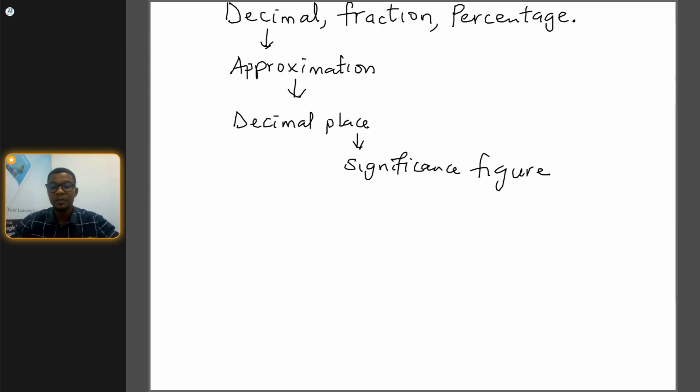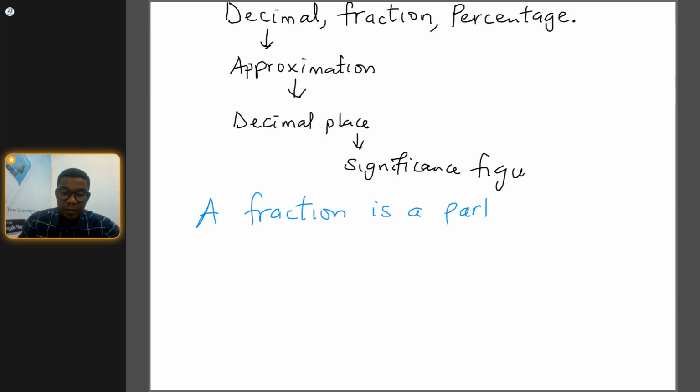A fraction is part of a whole. A fraction is a part of a whole.